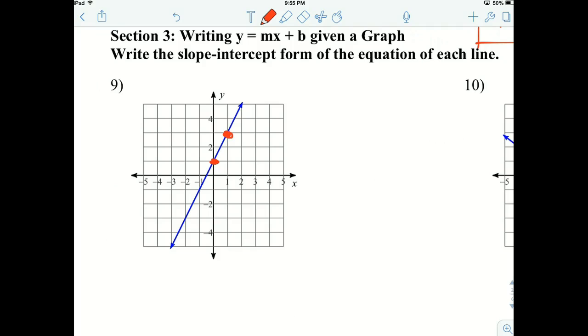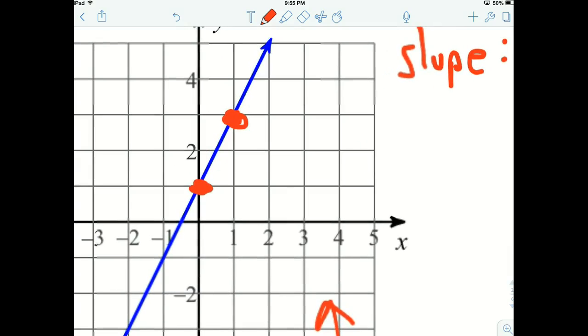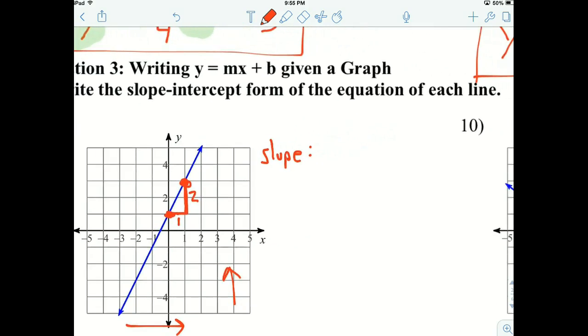My slope is going to be some positive number. As I go from left to right, I notice that I am going up. So my slope is going to be a positive number. And specifically, I am going a rise, or a change in y of 2, compared to a run, or a change in x of 1.